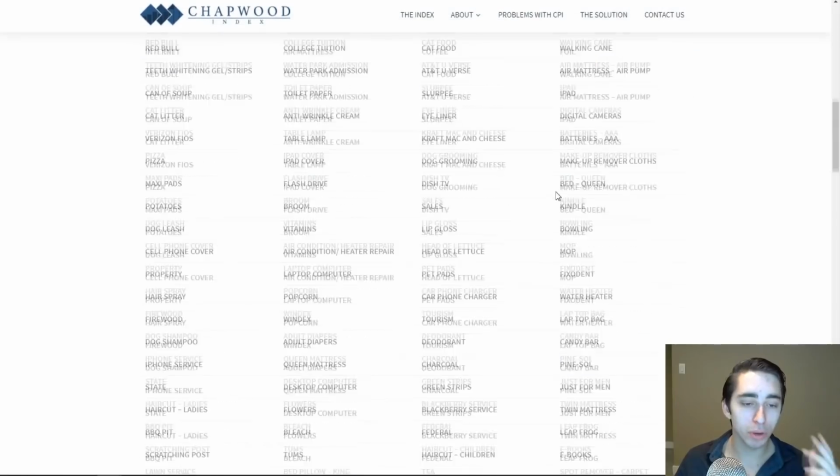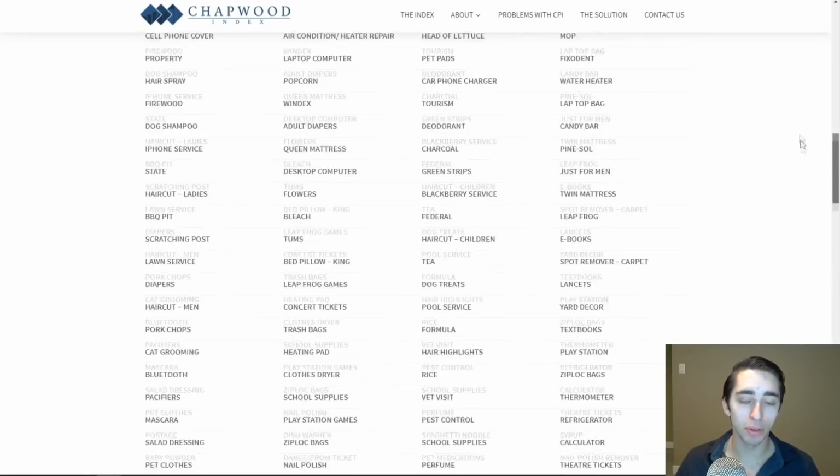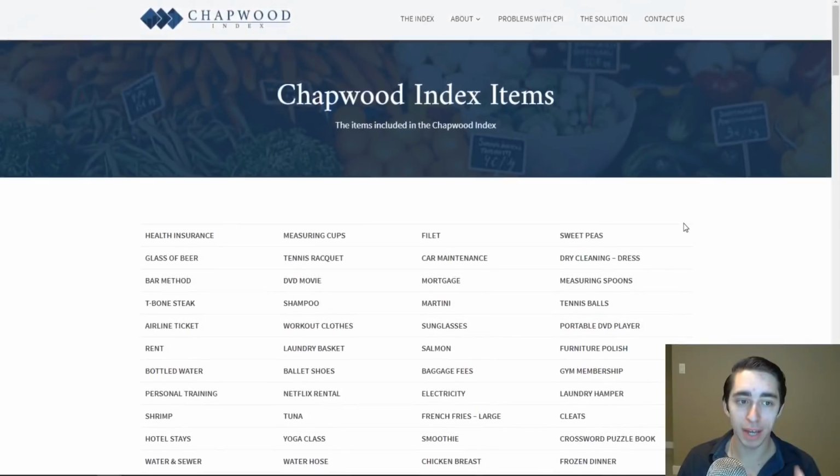It's a whole basket of different assets, from knick-knack items all the way to big ticket expenses. We can see big things like health insurance, cost of a mortgage, cost of your rent, to small things like bottled water, French fries, a gym membership. So you have all kinds of different items that the index is basketing.